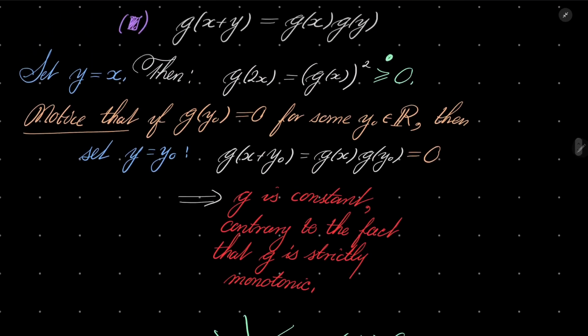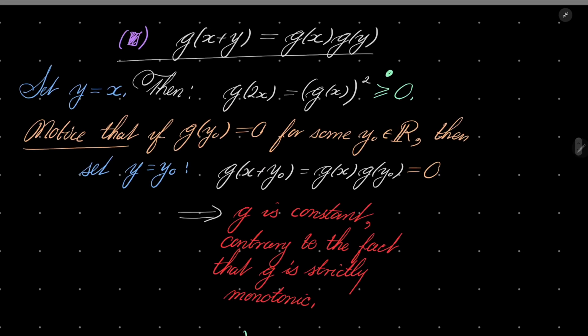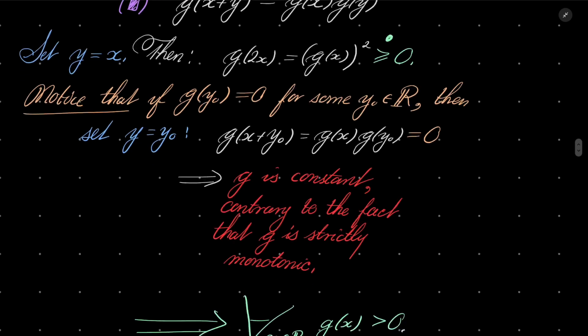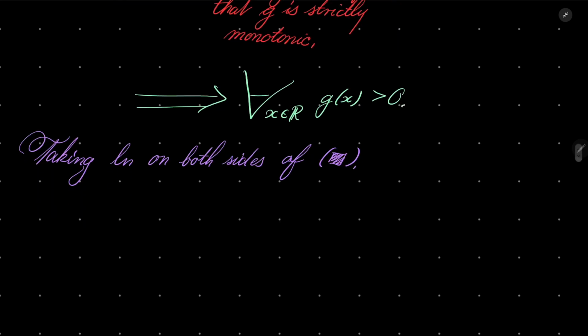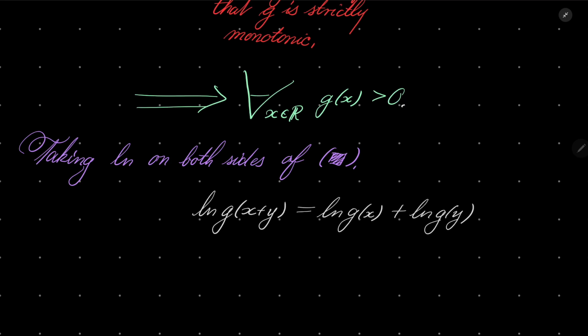Alright. And now I will take natural log on both sides of my equation square. So taking natural log on both sides of our condition square, we have the following: natural log of g of x plus y equals natural log of g of x plus natural log of g of y, because of well-known properties of logarithms.